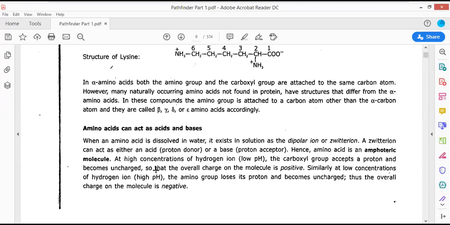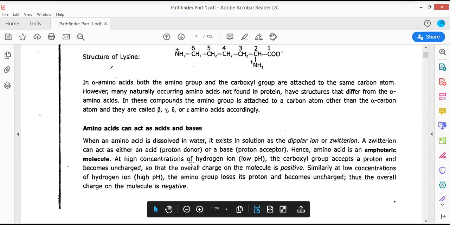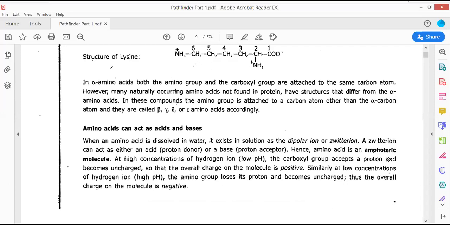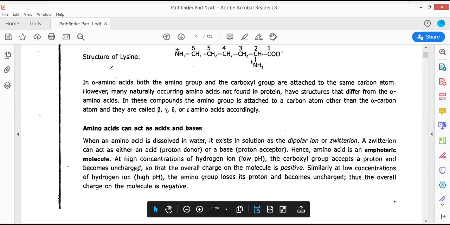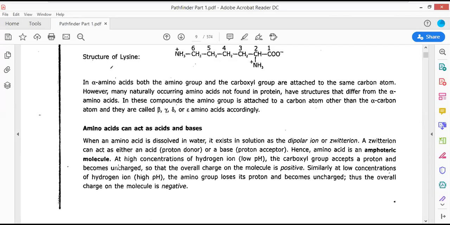Okay, so how does the reaction take place? At high concentration of the hydrogen ion, that means at low pH, the carboxyl group accepts a proton and the molecule becomes uncharged. Amino acids also act as buffering agents. Do you know what a buffer is? A buffer is a compound that resists change in its pH.